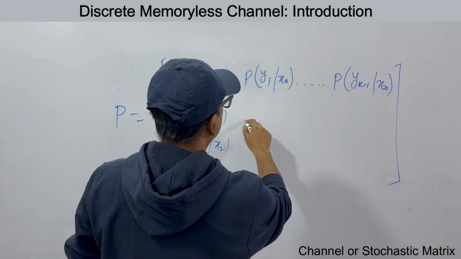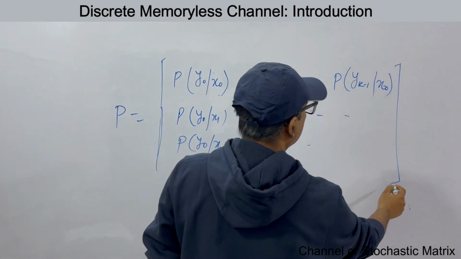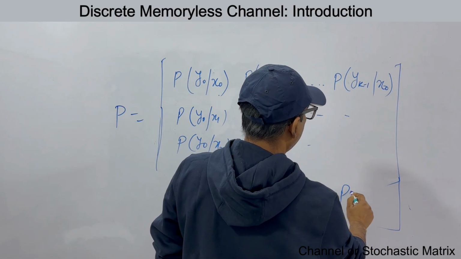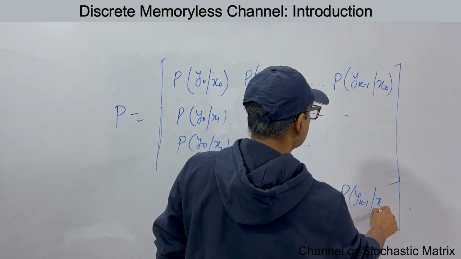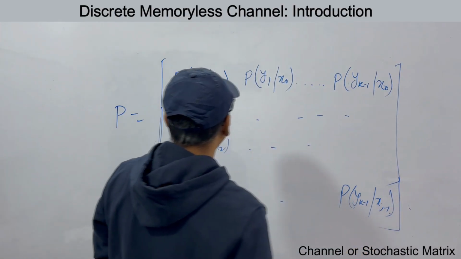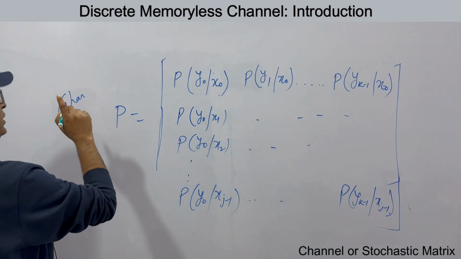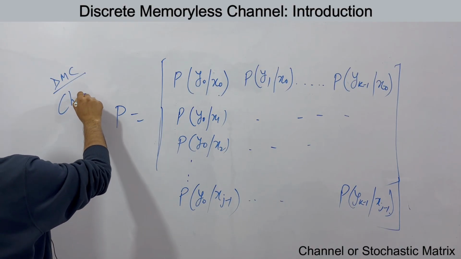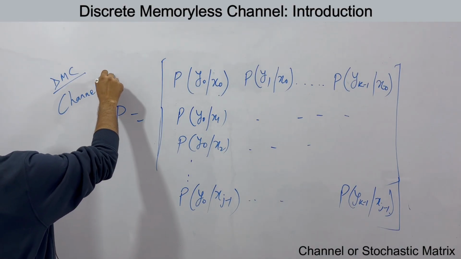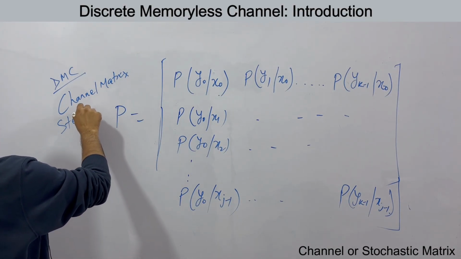So this way, you know how this will proceed. Finally, the last term will be P(y_(K-1) | x_(J-1)). Okay. So this is called channel matrix for discrete memoryless channel, DMC. So this is called channel matrix or also called stochastic matrix.